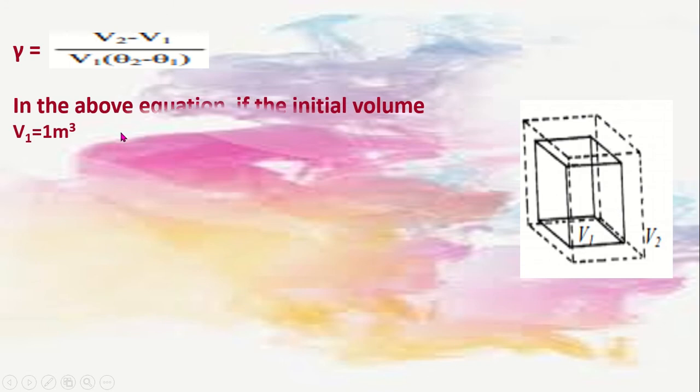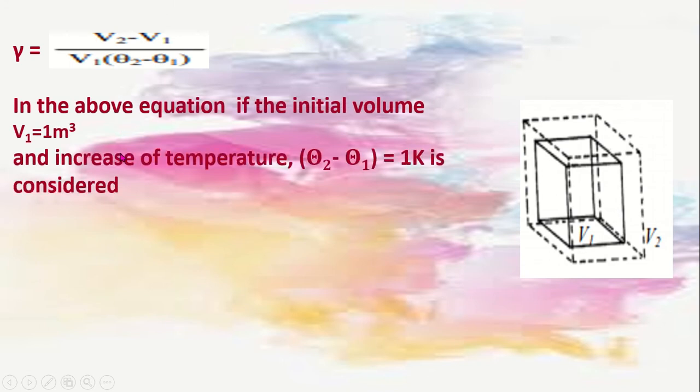Now you can define the coefficient of volume expansion. If the initial volume is 1 cubic meter, that means length, breadth and height are all 1, then its volume will be 1 cubic meter. And the increase in temperature is 1 Kelvin.